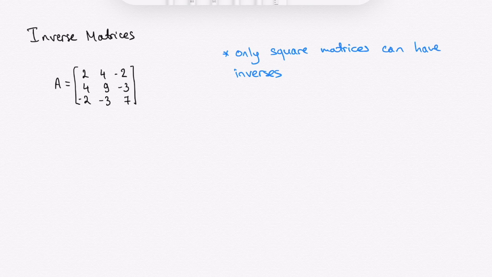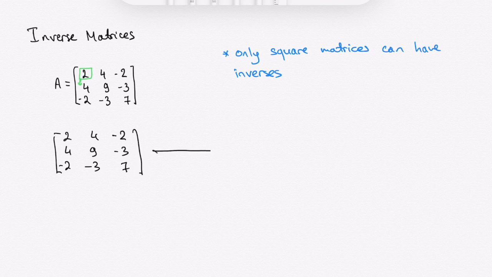So I'm going to take the first pivot and eliminate only the 4 underneath it. So the operation that does that would be, let me rewrite it again here. 2, 4, negative 2, 4, 9, negative 3, negative 2, negative 3, 7.